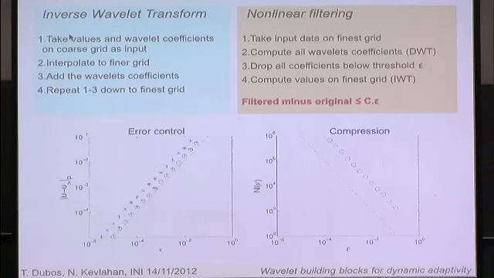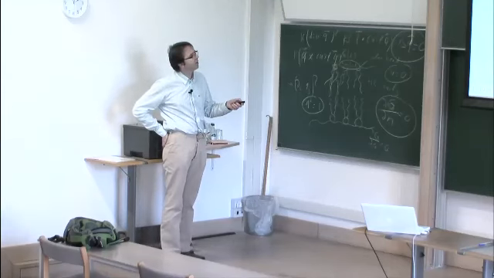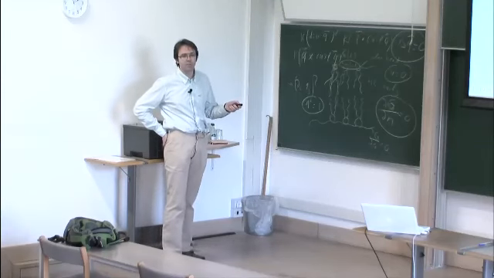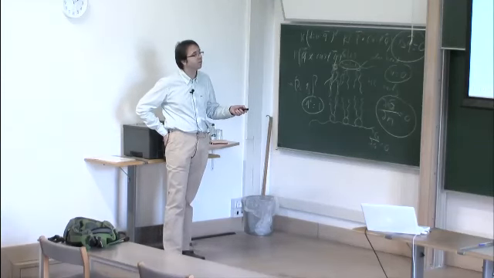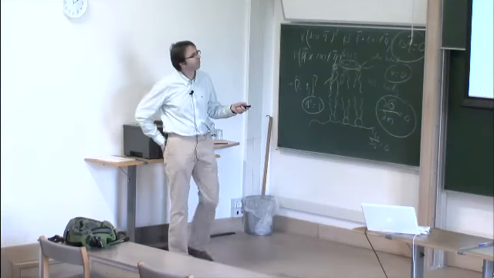I can compare my full complete data and my filtered data and verify that the error that I'm introducing is proportional to the threshold I have decided. Okay, so these are L1, L2, and L infinity norms. So I have a local error control in L infinity norm.